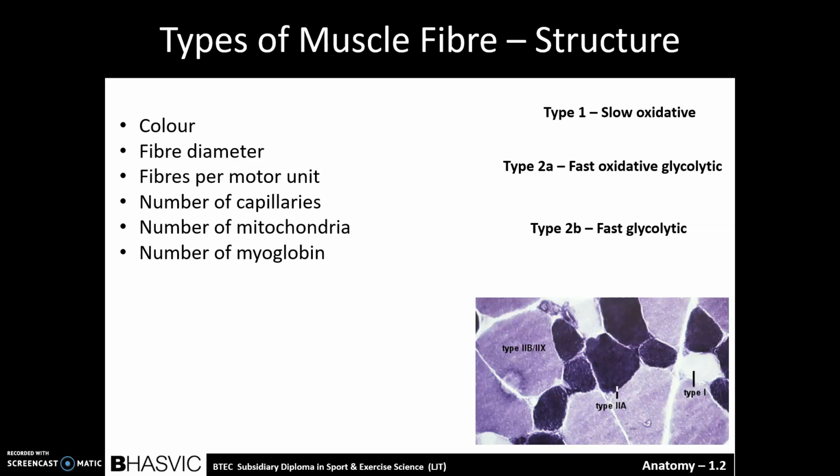And then contrastingly, or similarly really, the fast glycolytic muscle fibers have a very low number of myoglobin, as it's working anaerobically, so doesn't require oxygen when working, so it doesn't need myoglobin to store the oxygen.